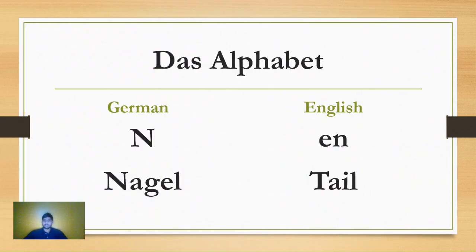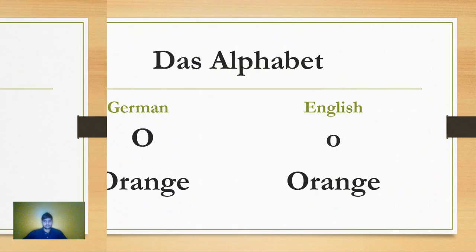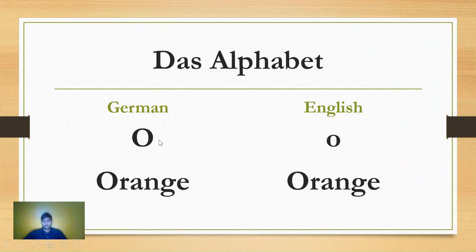N, also called the same as in English N. Nagel, it means nail. O, also called the same as in English O. Orange, in English the same spelling, but the pronunciation is different. In English it is called orange, but in German it is called orange.